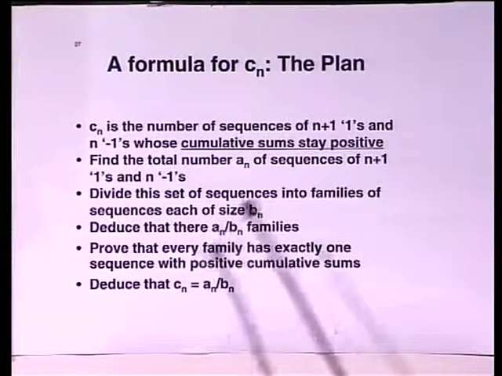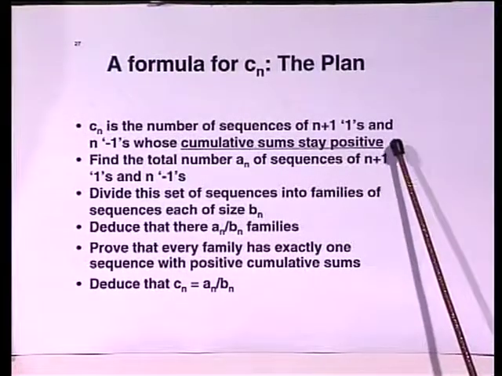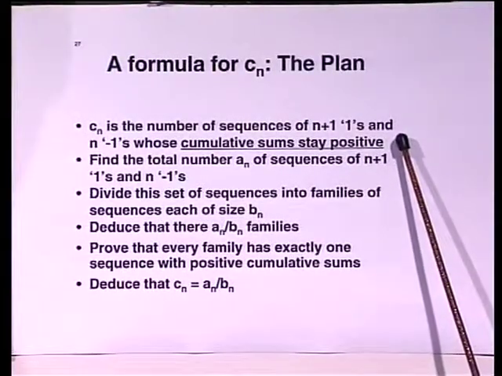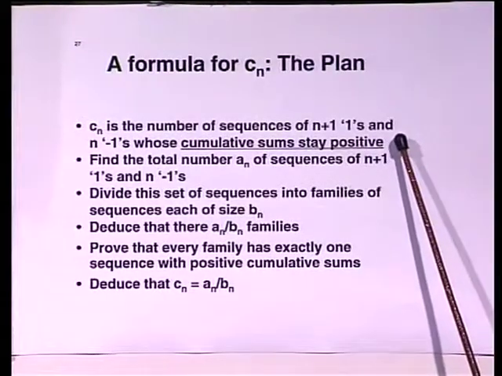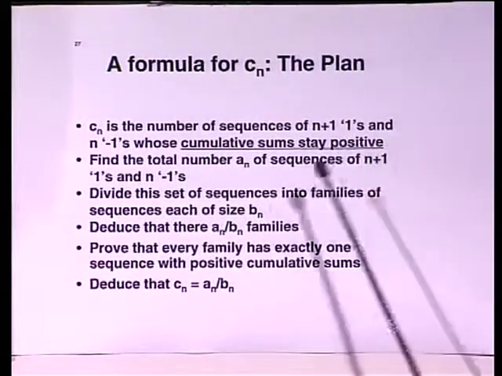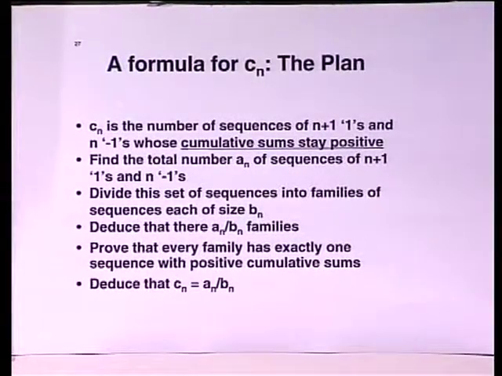So we've recognized the Catalan numbers already by this property. Now we want to find out, therefore, how many sequences of n plus 1 ones and n minus 1s have this property. Here's the plan.